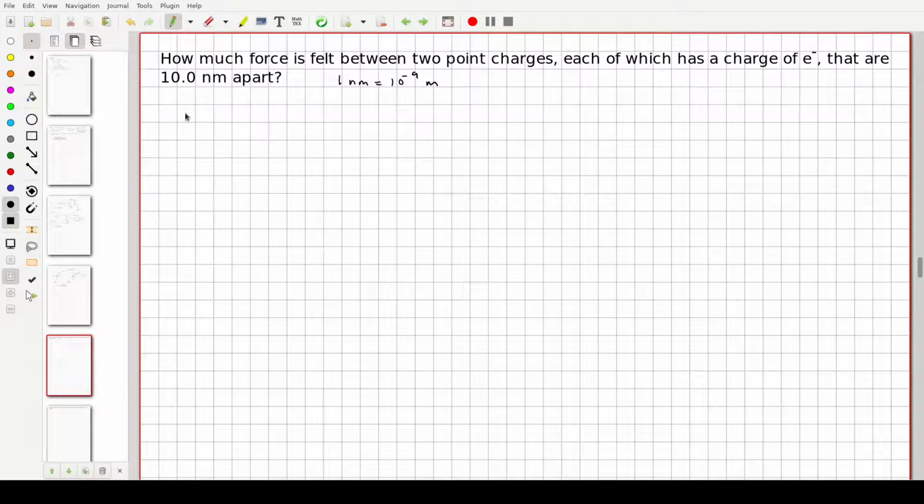Let's draw a picture first. Here's charge 1. Over here I'll say is charge 2. The distance from here to here is 10 nanometers.